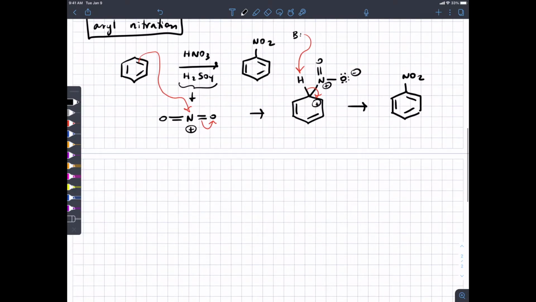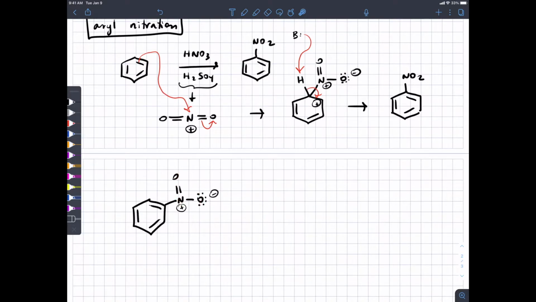All right, so let's talk about the nitro group and what its effect is. I'm going to draw the Lewis structure of the nitro group so that you can see an important pattern here. In the nitro group, this negative charge on the oxygen is delocalized between the two oxygens.